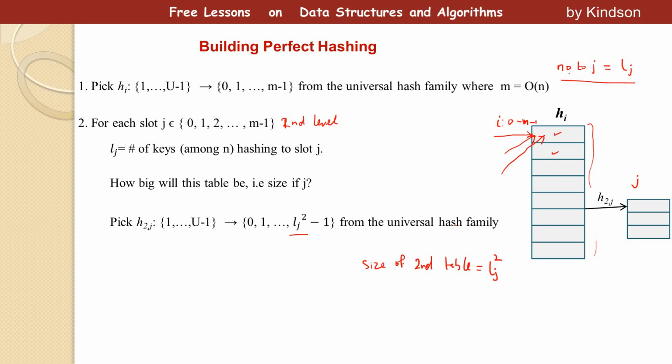Now there might be collision that will occur either in the first table or in the second level. So how do we manage the situation?